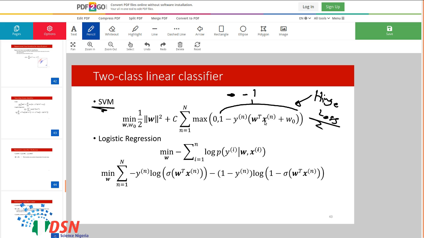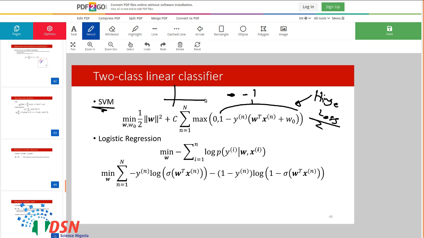For the +1 class, we want the prediction score to be greater than 1 from the -1 class. So we want to have some kind of margin.